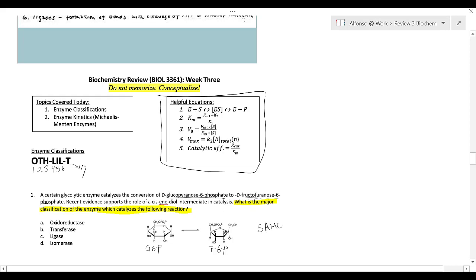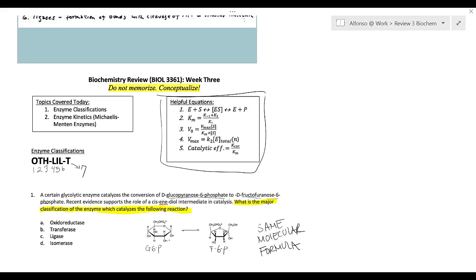The only thing that changed is the structure. So what do you think is the enzyme classification of the enzyme which catalyzes this reaction?